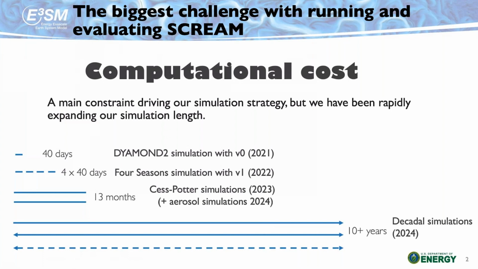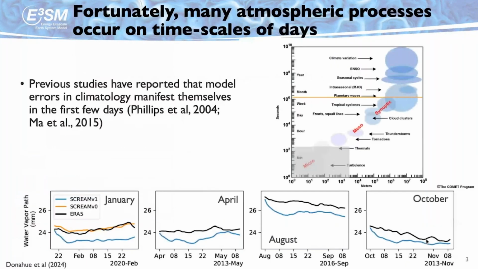We're increasing our simulation length, but if you compare it to something like a coupled simulation, where it takes a 2,000 year spin up, it's quite short. Despite that, we do think we can learn a lot about what the atmospheric phenomena give us in Scream, because fortunately many atmospheric processes occur on timescales of days, within less than a week.